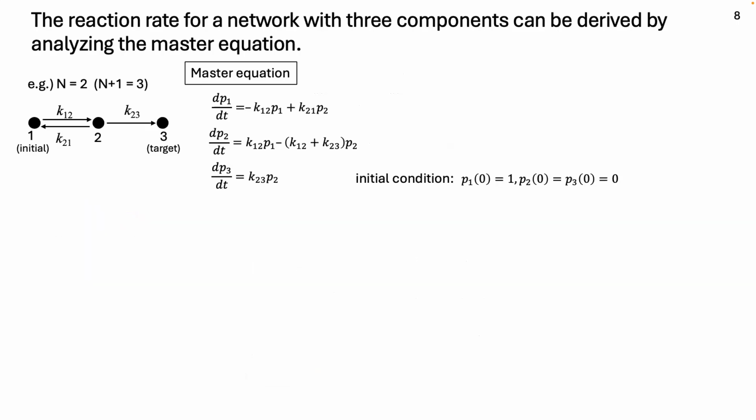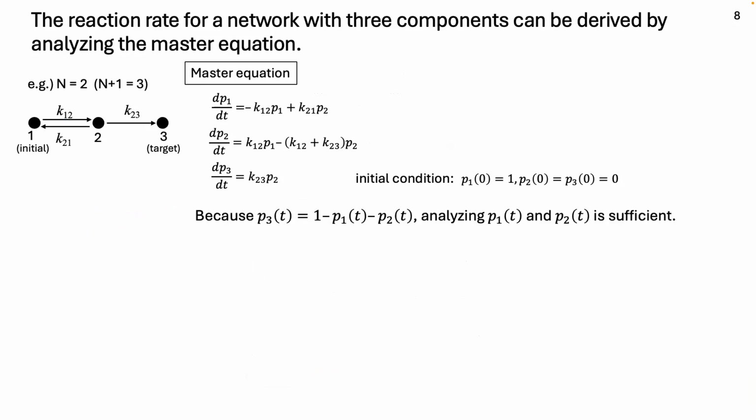Next, we'll consider another simple example. It's a three-component system, so the network effect arises. The master equation is here, and yes, the same formulation. And these are probability functions.